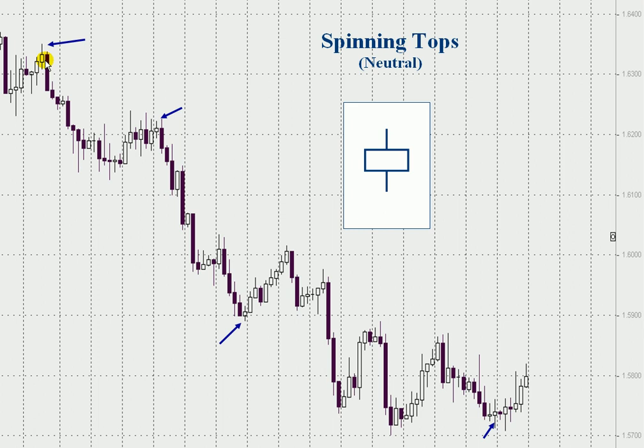Here the market spends most of its time in consolidation, with a spinning top in consolidation, a spinning top reversal, and another spinning top in consolidation, but they usually represent a neutral stance by the market.